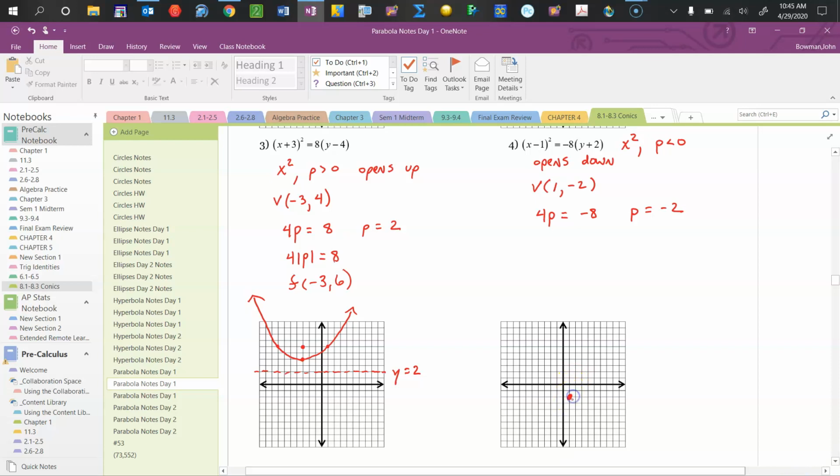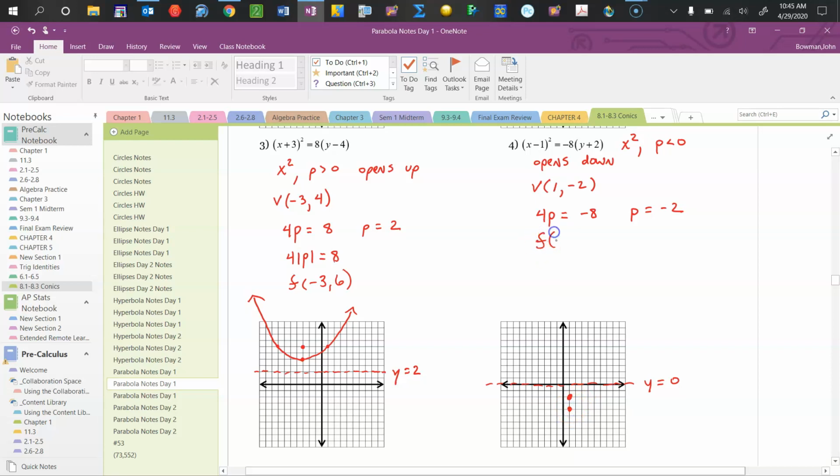We know that this thing opens down, and therefore the directrix is 2 units above the vertex, so the directrix is going to be right here on the x-axis, which is going to have an equation y is equal to 0. The focus is going to be 2 units below the vertex, so that's going to be right there.